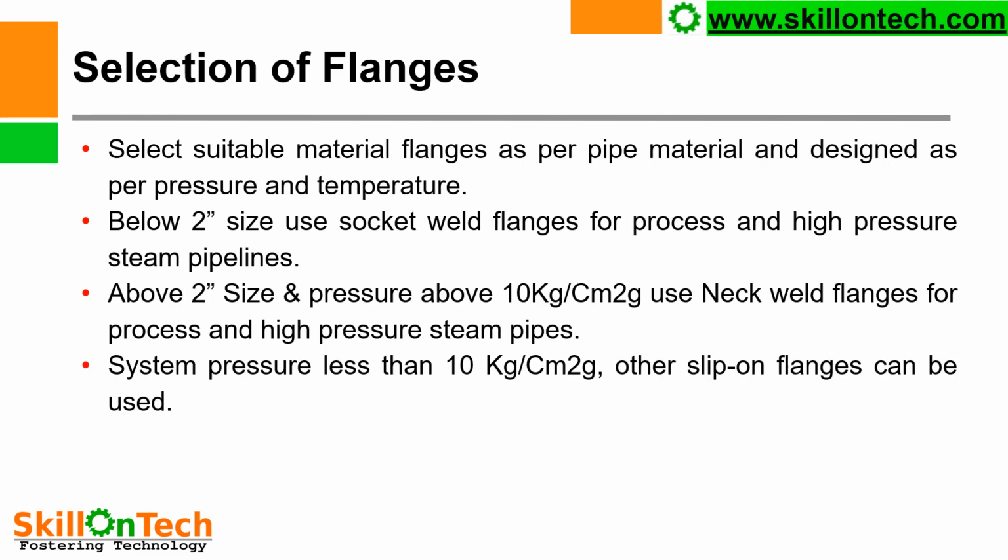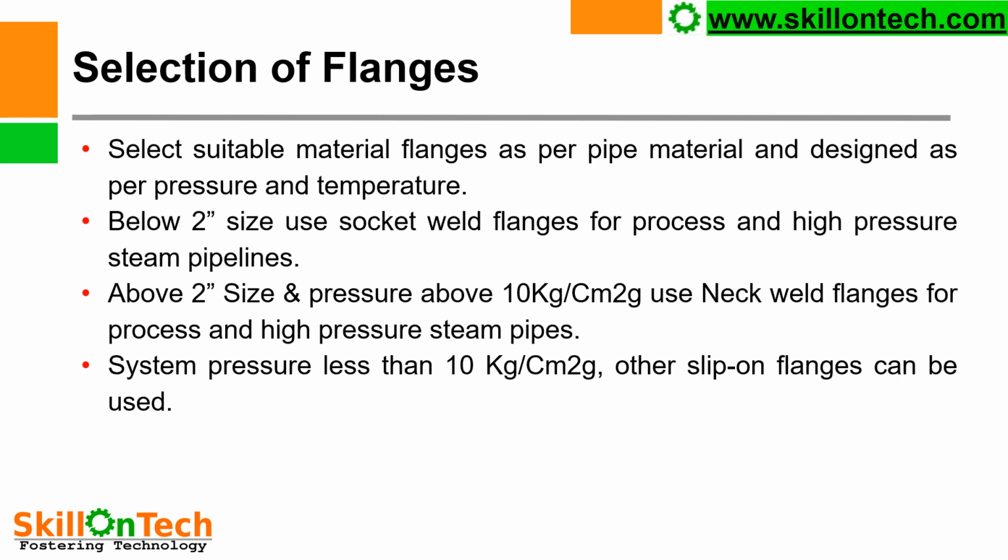In any piping project, flanges are very important. So selection of flanges shall be an important task. So how will we do it? Select suitable material for flanges as per pipe material and design as per pressure and temperature.